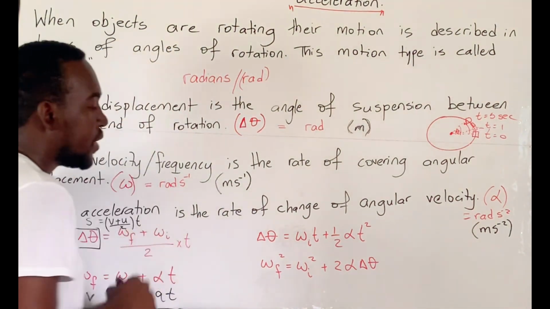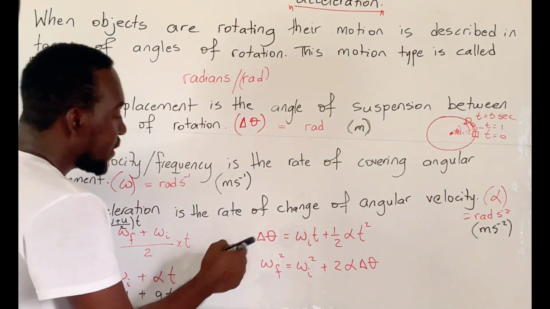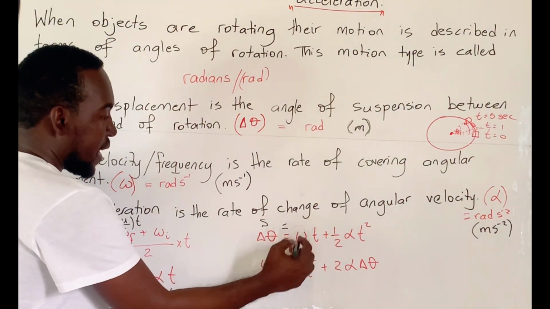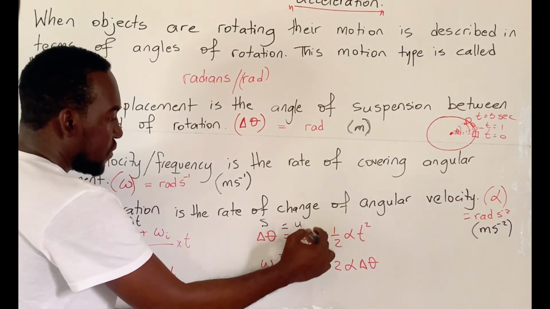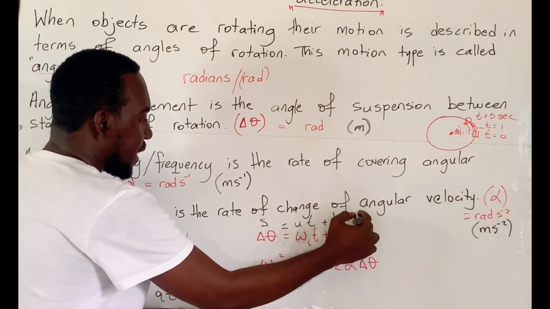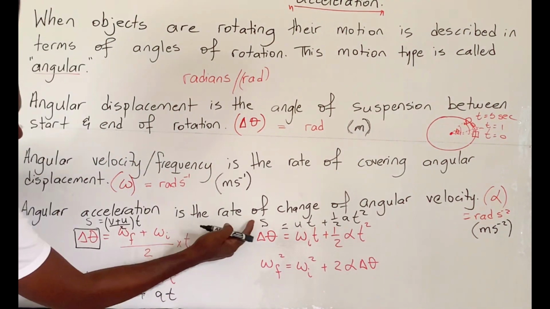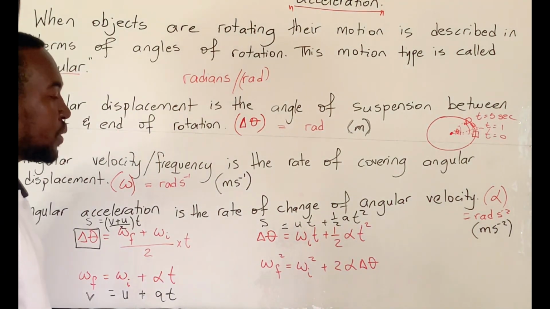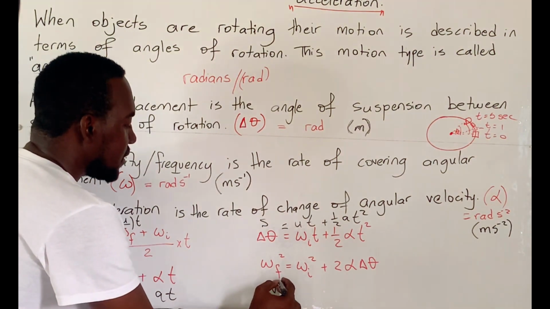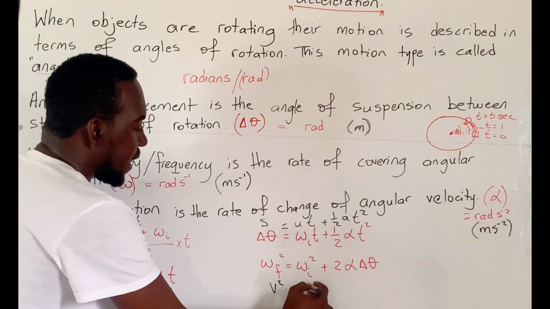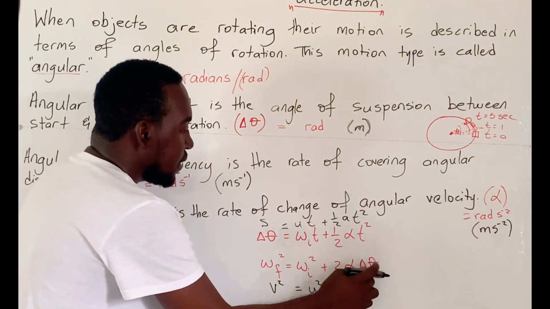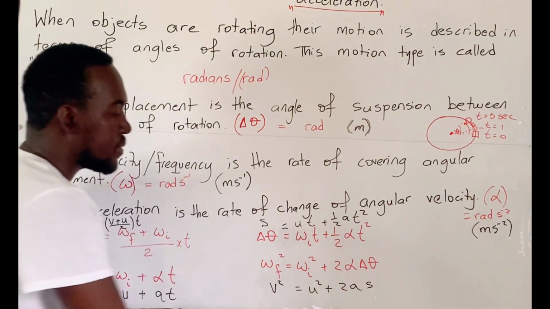And if we come over here, this one is also the same, because delta theta is s, omega i is initial velocity, time remains the same, plus half of the acceleration times t squared. This was our linear motion equation. And then finally, this one: omega f is the final velocity, and we're squaring that. Omega i is the initial velocity, squaring that, plus 2 times alpha times delta theta, which is the s.